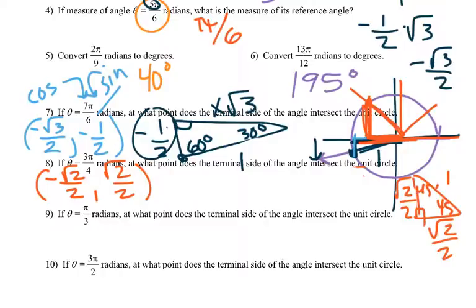Now number 9, we've got pi thirds. Well, pi thirds would be up here at a 60-degree angle in our first quadrant. So we'd make a triangle like that. So this would be 60 and 90, or 30. Let's erase that. 30, and then the right angle is the 90.